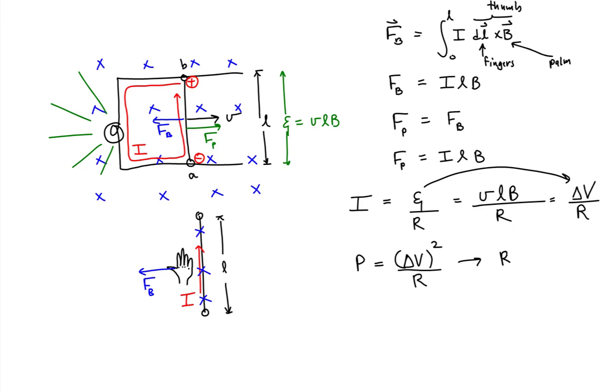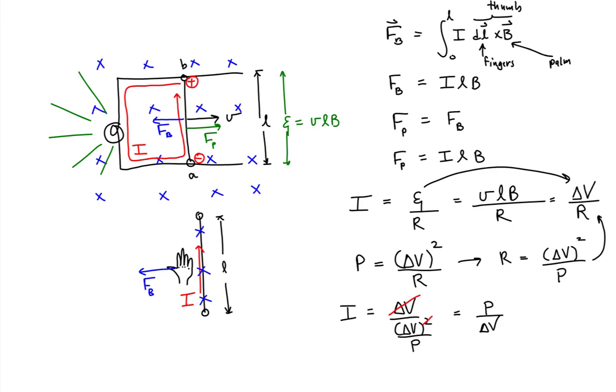This tells us that the resistance is equal to the ratio of the square of the potential difference over the power of the bulb. So we could plug this into our expression for current. The current is equal to the potential difference over the resistance, but the resistance is equal to the potential difference squared over power. The potential difference in the numerator cancels with one in the denominator, and current is equal to power divided by potential difference.